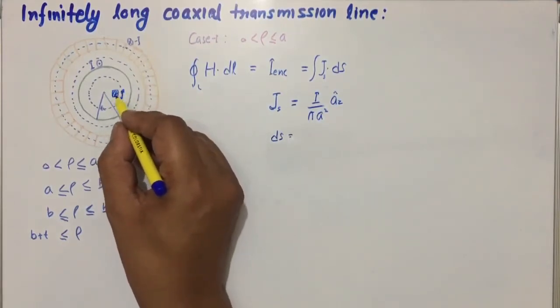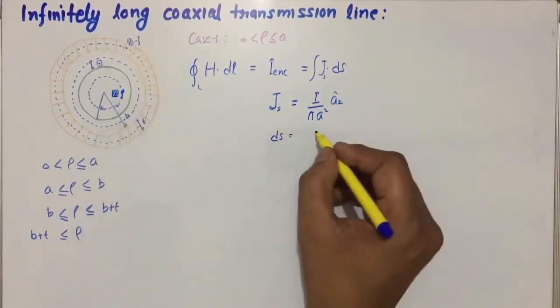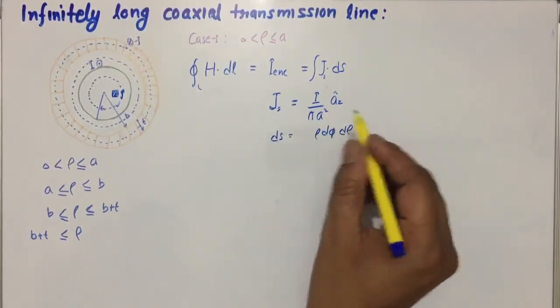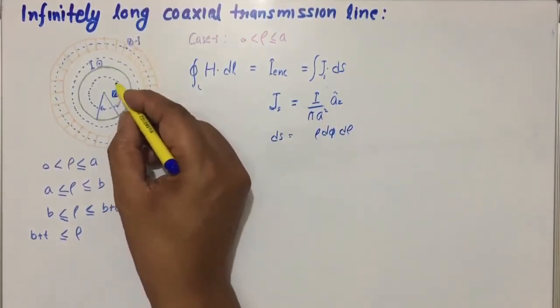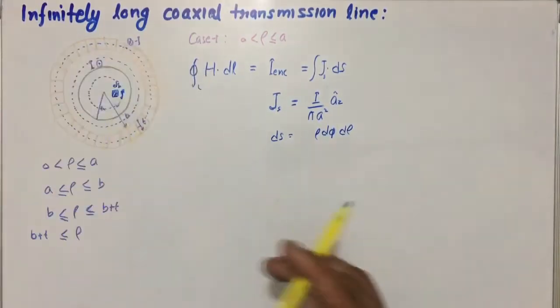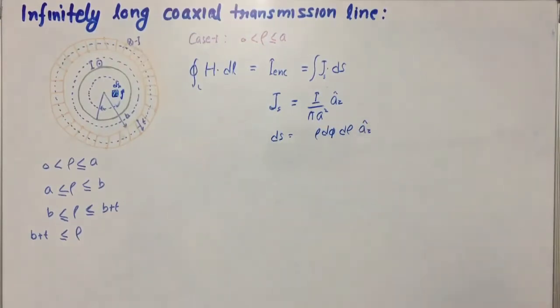This length will be d rho and rho d phi. So it will be rho d phi and d rho. The direction of this ds will be normal to the surface coming outwards, so it should be in the direction of az as well.